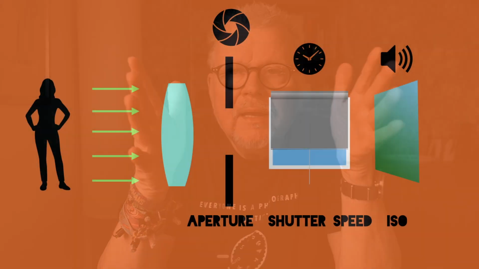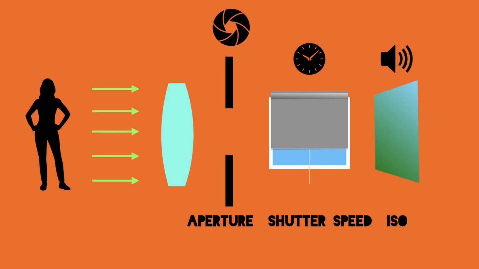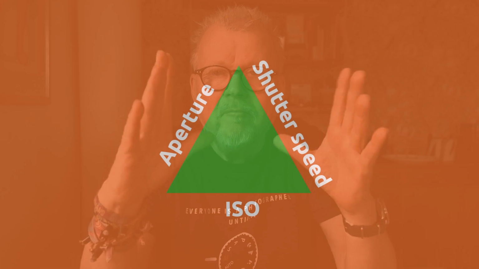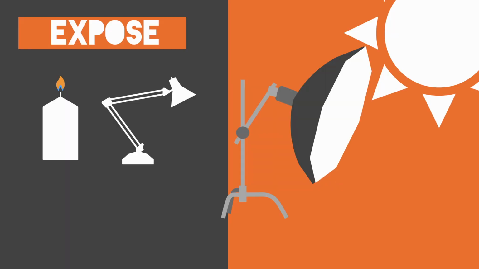Okay, into that exposure thing. You have got your aperture, that's the opening in the lens. You have got the shutter and the shutter speed, and you have got ISO, which is sort of an amplification. And you need to get them in some sort of balance. You need to expose correctly.